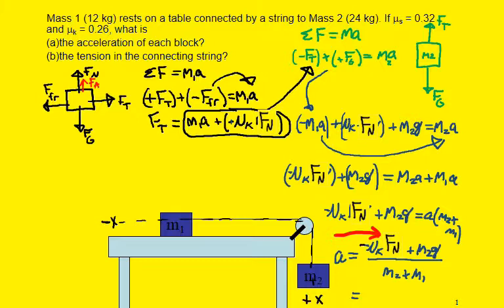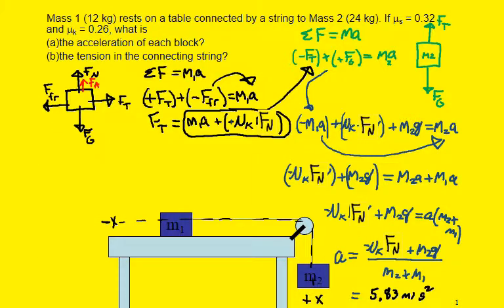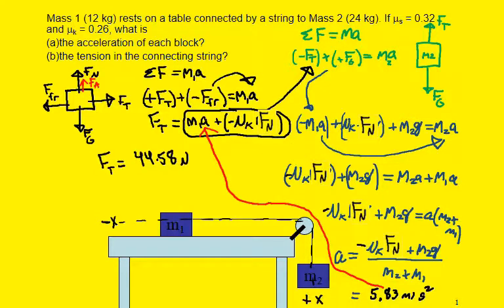So if we look at the normal force here, we have the positive normal force plus the negative force of gravity plus the positive force applied equals 0. So this is 20, this is mg, this is what we're looking for, and we can place our values in there, and we should get an acceleration of 5.83 meters per second squared and tension of 44.58.